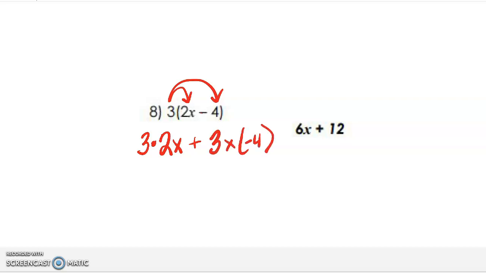I'm going to put it in parentheses so it doesn't blend all together. 3 times 2 is 6. Write my variable. And then I have 3 times negative 4, which makes it a negative 12. So the only difference here is that you need a little negative sign.